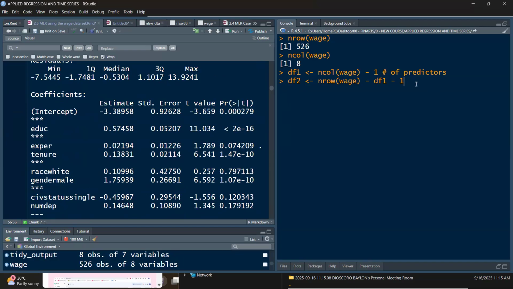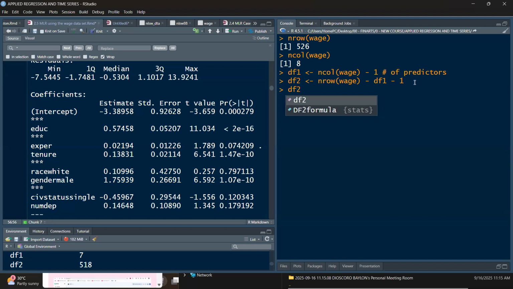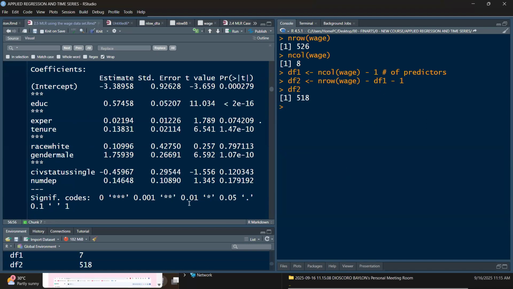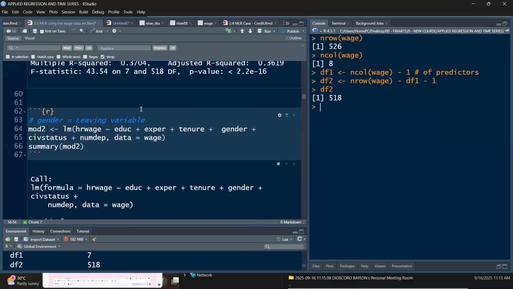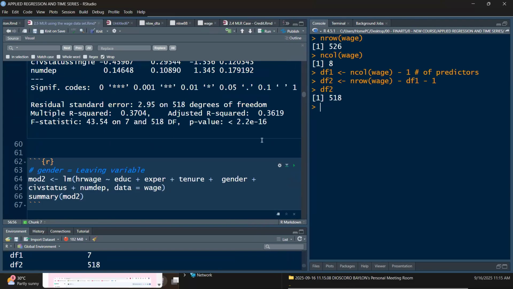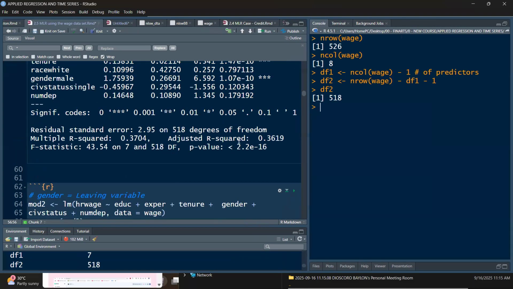So that's our degree of freedom 2: the number of observations, which is 526, minus the number of predictors, minus 1. That gives you df2 of 518. That's where this 7 and 518 is coming from, class.